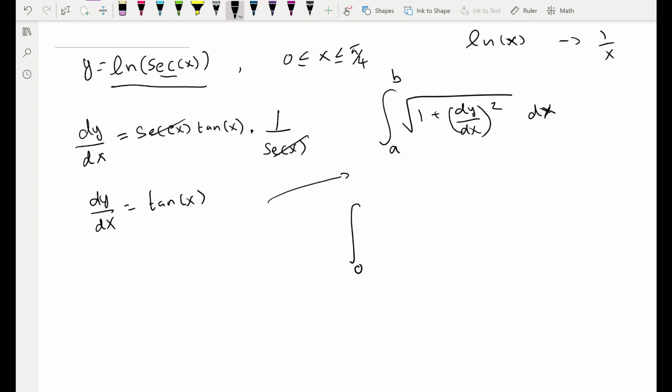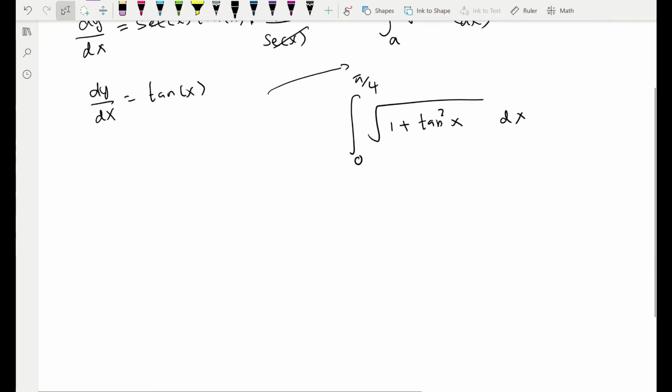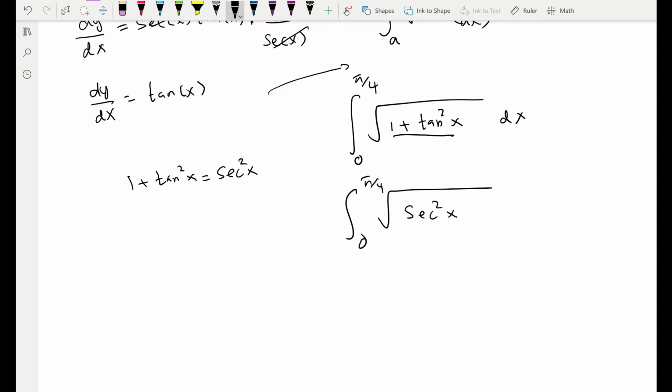So a to b, that's 0 to pi over 4, the square root of 1 plus the square of the derivative, which is tangent squared. Now to integrate the square root of 1 plus tangent squared x, we know from the Pythagorean identity that 1 plus tangent squared is equal to secant squared x. So I'm going to replace it with secant squared x. The square root of secant squared x is secant x.